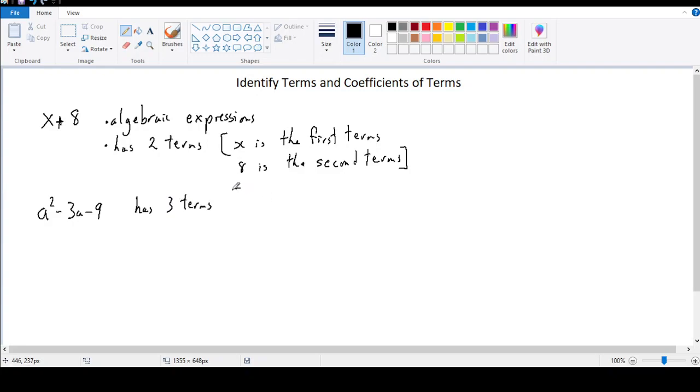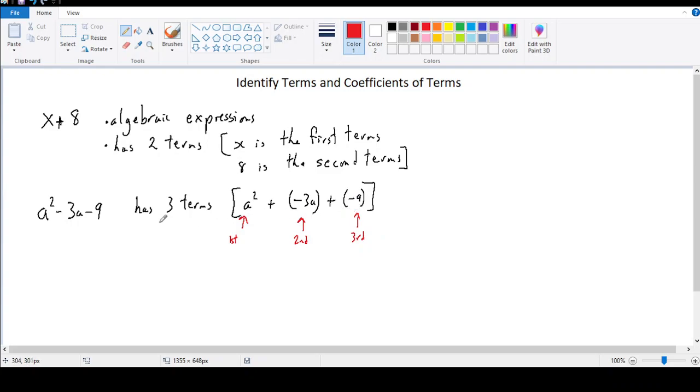They are a squared plus negative 3a plus negative 9. So these are the three terms. Let me identify them: this is the first term, this is the second term, and this is the third term.